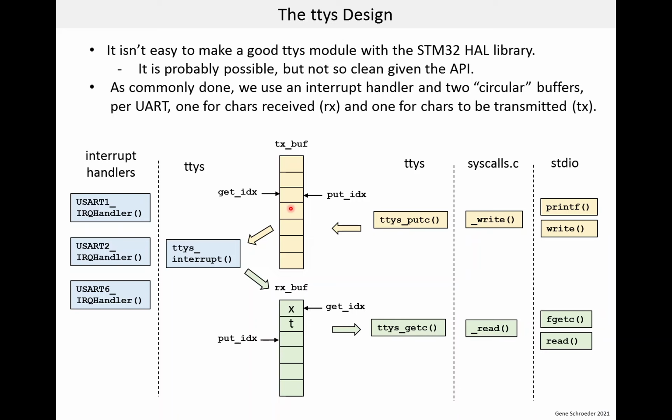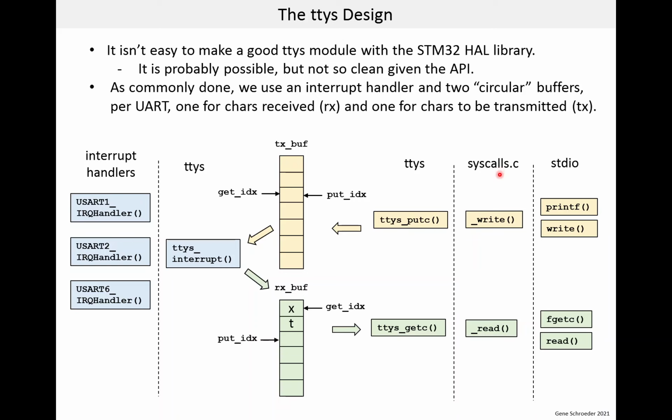On the other side of the buffers, we see 3 levels of functions that transmit and receive data. At the lowest level, the ttys putC and getC functions actually put the data into and out of the circular buffers. The next level is the system call functions in syscalls.c that we overrode.